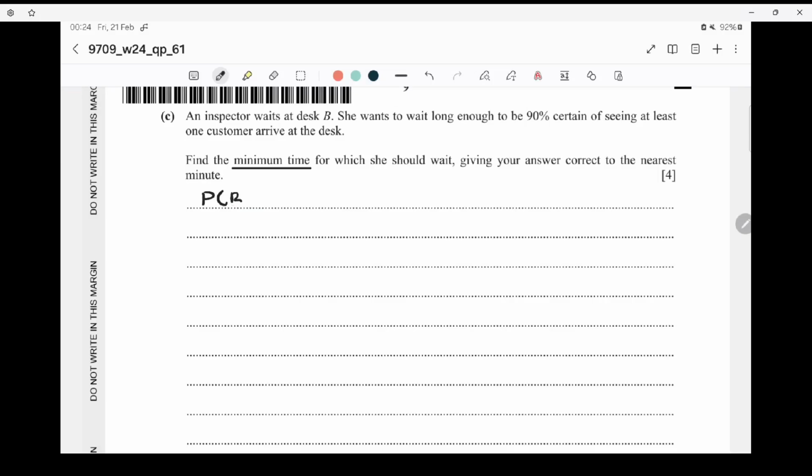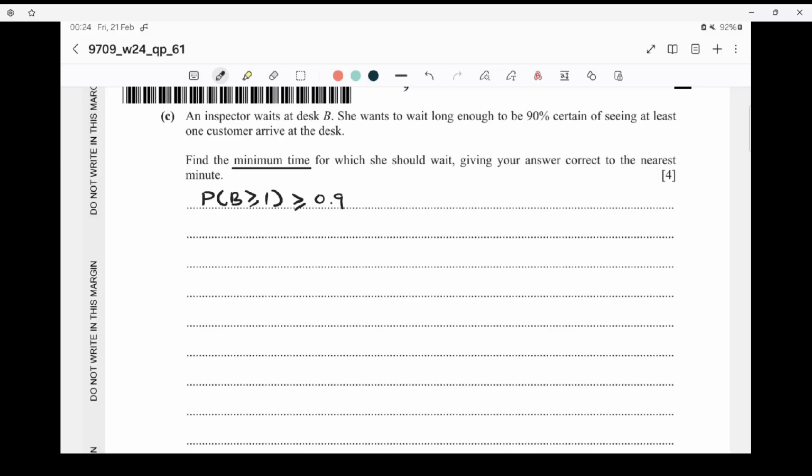So this is test B. It has to be at least 1, greater or equal to 1. Because in the end you need to find the minimum time, it's better if you write greater or equal to 0.9.